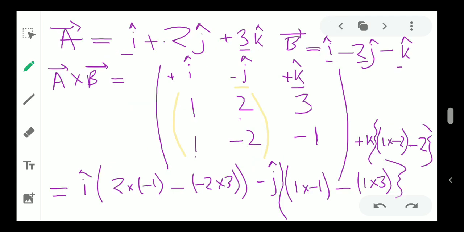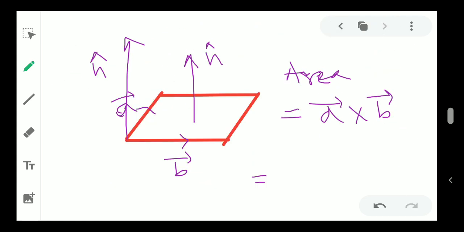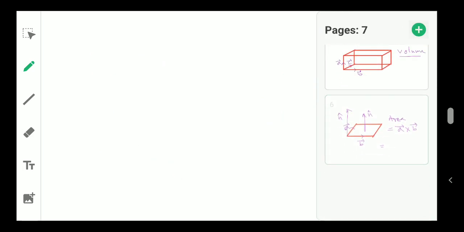Now with this we will end our vector analysis, the basic ideas about vectors, and then we will go further into projectile motion, for which we were reading these vectors. So, projectile motion is what?